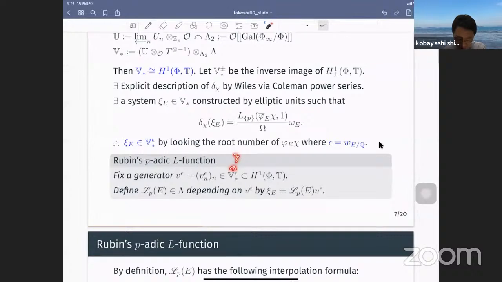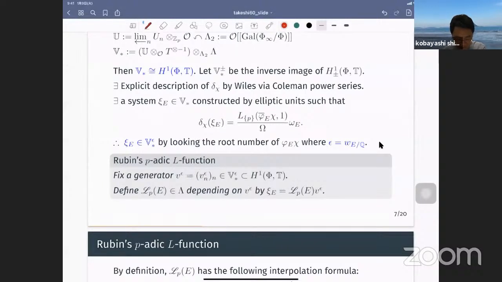So there's an element of lambda such that it is the ratio of the elliptic unit and the fixed generator.